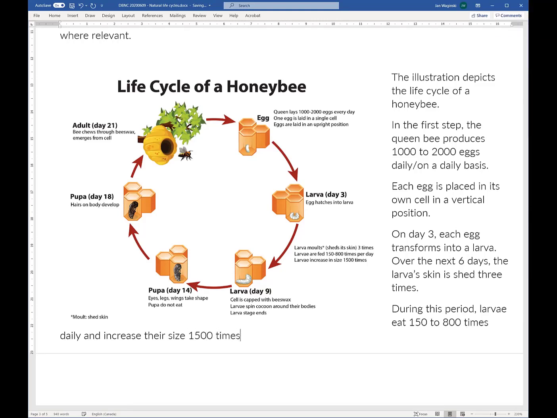1,500 times. Yep. Does anyone have any suggestions for paraphrasing this part? Actually, increase their size is a little bit no good. Increase in size is the expression, but that's the same. It's a little bit too similar to the original.